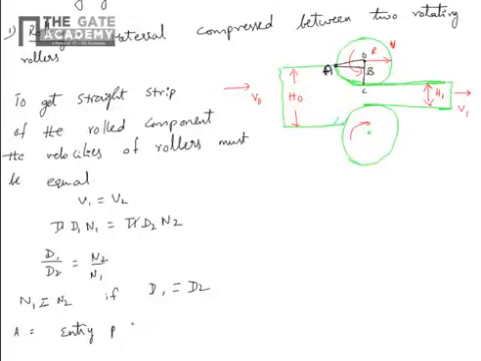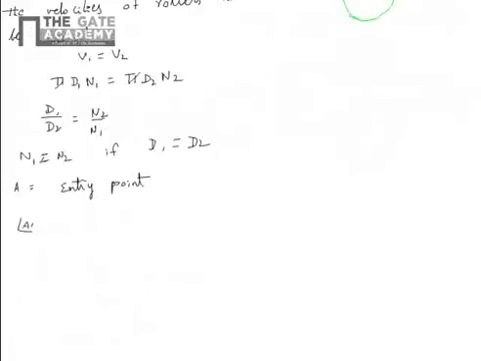C is the exit point, actually; it is not showing properly here, but C is the exit point. So the angle OAB is alpha, that is called the angle of bite. Angle AOB equals alpha.